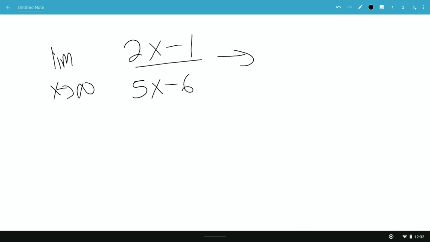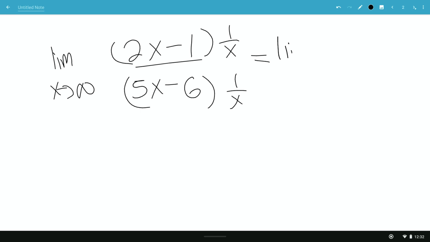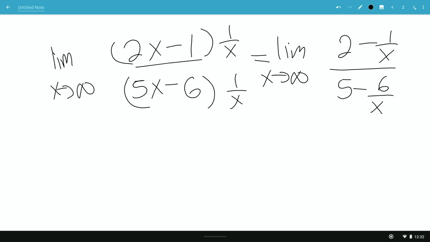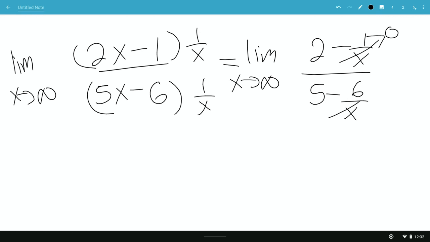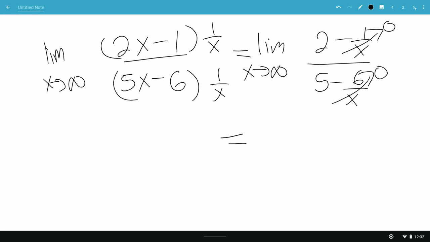So if we divide both top and bottom by x, and x is not 0 in this case, you'll get the limit as x goes to infinity of 2x over x, which is just 2, minus 1 over x, over 5x over x, which is 5, minus 6 over x. And this by itself goes to 0, and this goes to 0. So you're left with a limit of 2/5, and that's the answer.